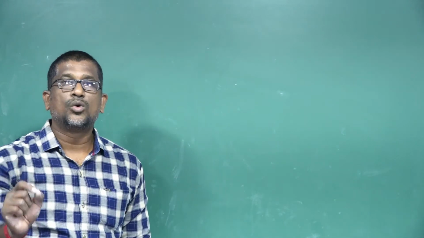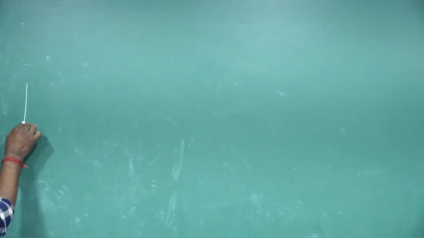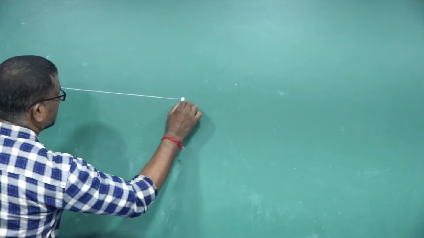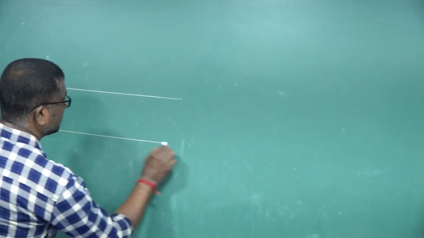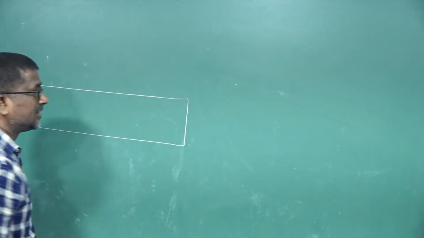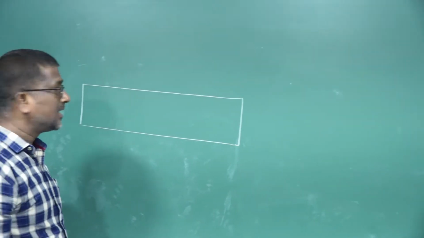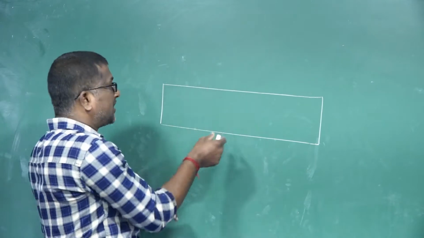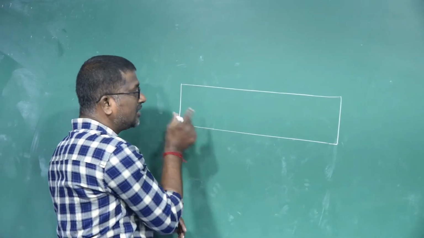Now let us consider a thin film of transparent material bounded by two surfaces, that is, the upper surface and the bottom surface.